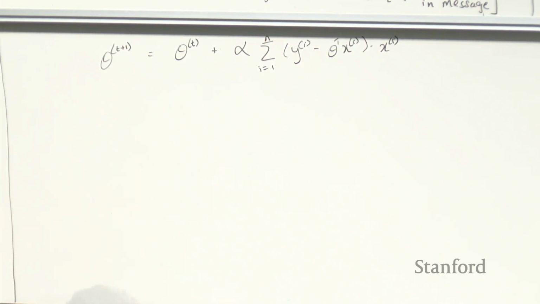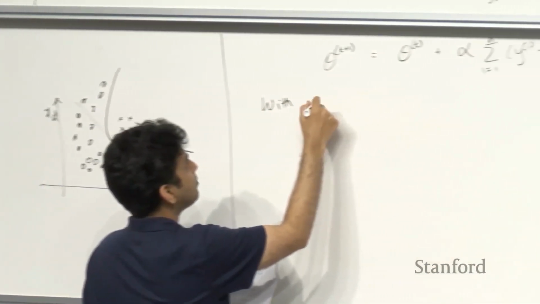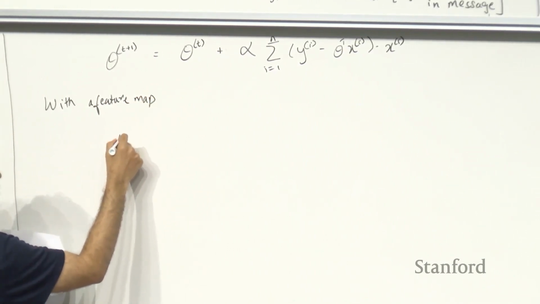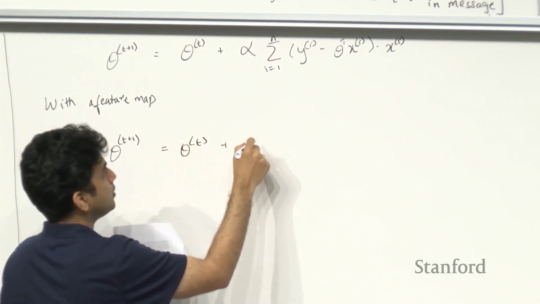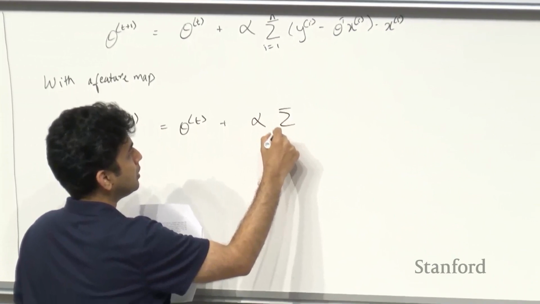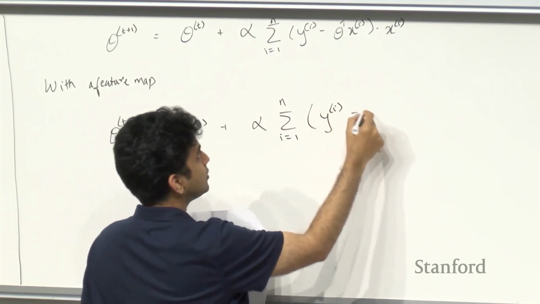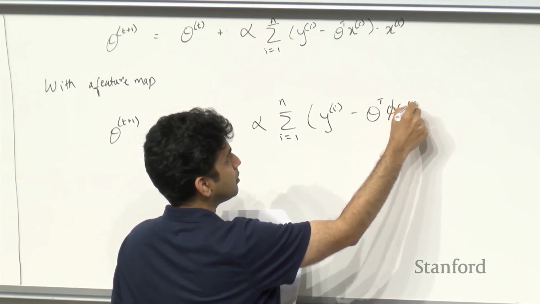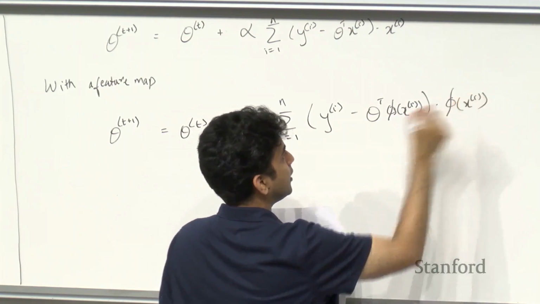Now, if we were to use a feature map, we get the rule theta t plus 1 equals theta t plus alpha times the sum from i equals 1 to n of yi minus theta transpose phi of xi, times phi of xi.